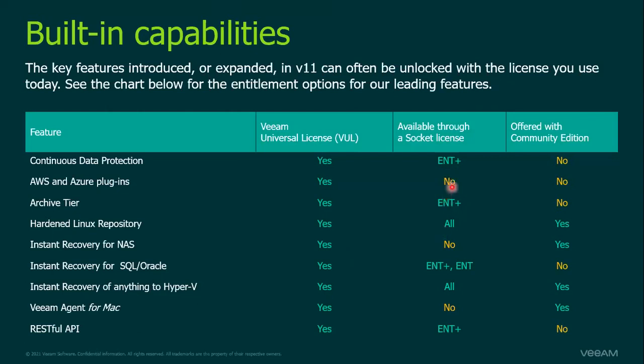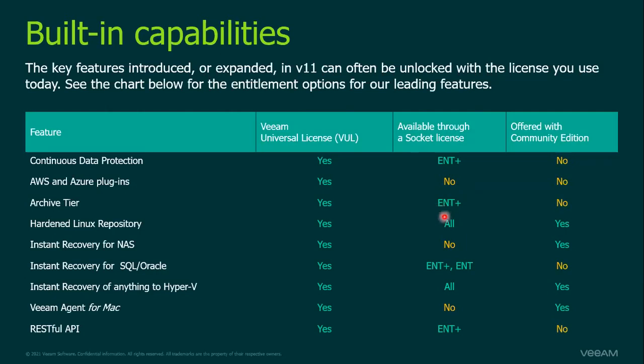In socket-based licensing, you don't see AWS and Azure plugins. If you are using a native backup tool for AWS and Azure and you want to manage it from the same Veeam Backup & Replication console, there are certain plugins which you cannot integrate with socket-based licensing.